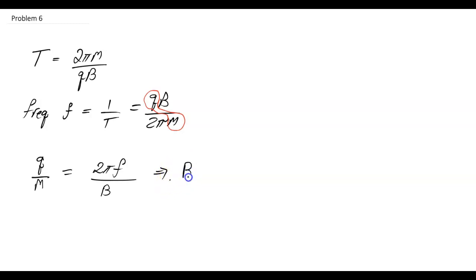So if we solve for the magnetic field in this case, we're going to get 2 pi f times m over q.